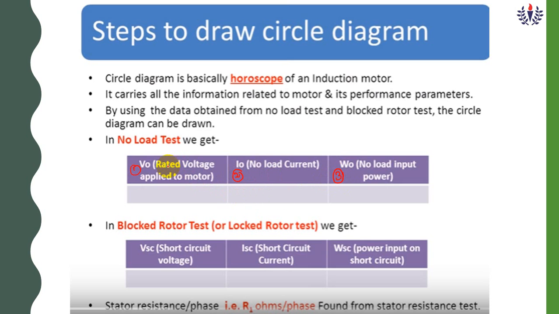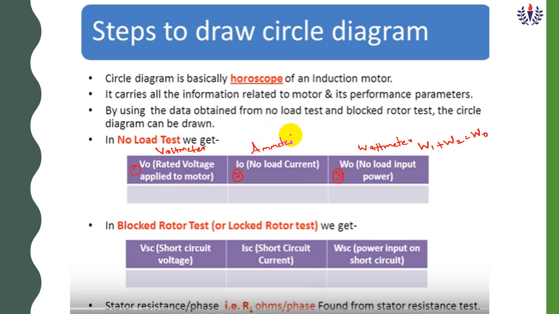To measure the voltage we use a voltmeter, to measure the current an ammeter, and to measure the power we need wattmeters. There are two wattmeters, W1 and W2, so we will get W naught.